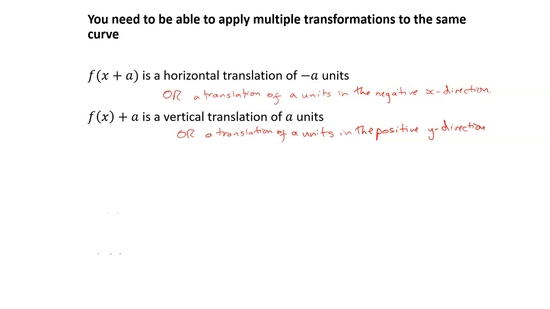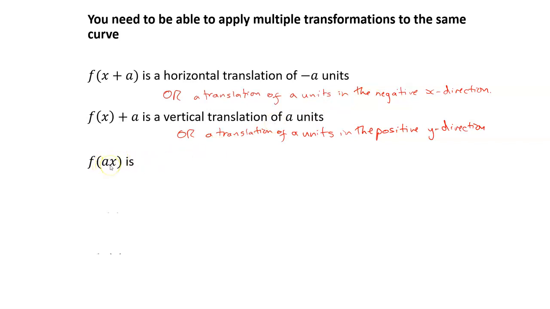Okay, so other transformations we might see. We might have a scalar multiplying the x, so f of a times x. So when we multiply, you know that's a dilation. When it's happening to the x, it's the inverse of what it looks like. So here, instead of plus a, it was minus a in the negative x direction.